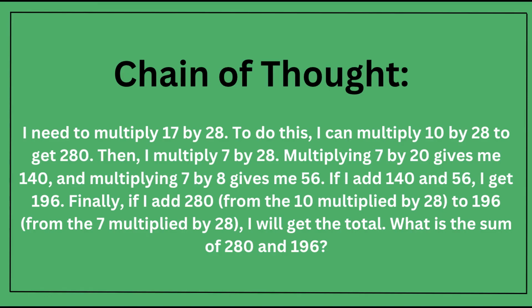Multiplying 7 by 20 gives me 140, and multiplying 7 by 8 gives me 56. If I add 140 and 56, I get 196. Finally, if I add 280 from the 10 multiplied by 28 to 196 from the 7 multiplied by 28, I will get the total. What is the sum of 280 and 196?